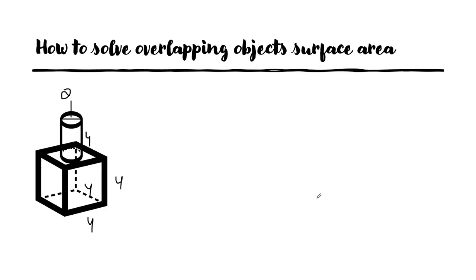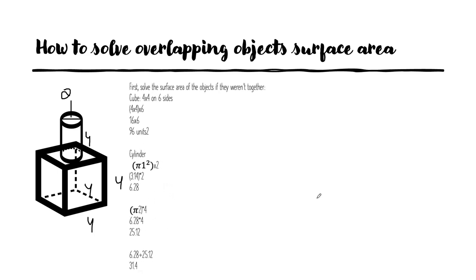Now, how do we solve overlapping objects? First, you need to find the surface area of the objects as they work together. A cube, which is 4 by 4 on 6 sides, is 4 times 4 times 6. 16 times 6 is equal to 96 units squared. While for a cylinder, we know that to find this circle part, it's pi r squared.